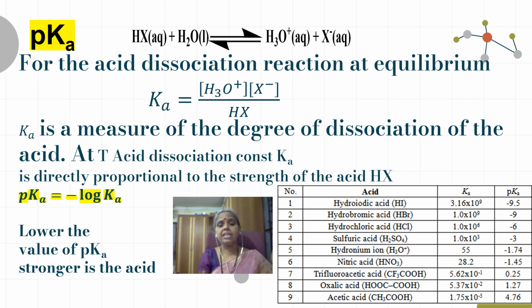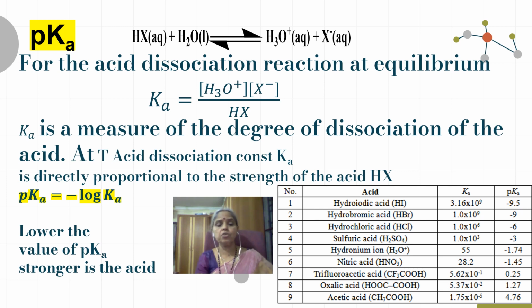So for the acid dissociation constant, because you are taking an acid HX in water, we denote this K as Ka with a subscript A. So Ka stands for acid dissociation constant.